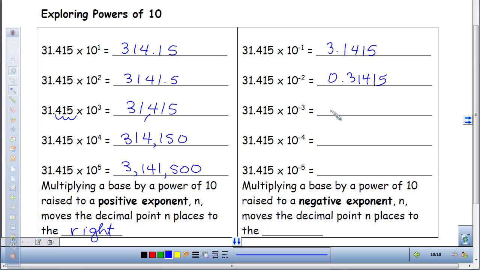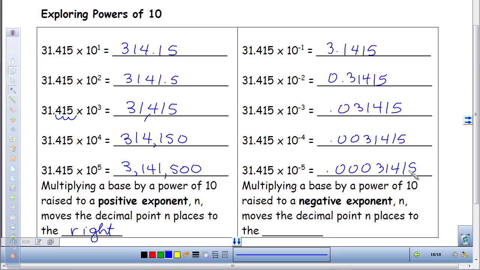Okay, and then 0.031415. And then if we multiply it by 10 to the negative 4, we get 0.0031415. And then here, 0.00031415. Okay, multiply those out on your calculator just to make sure that's what you get.